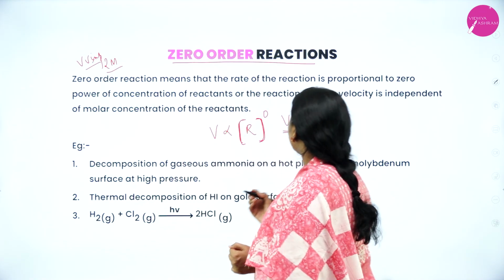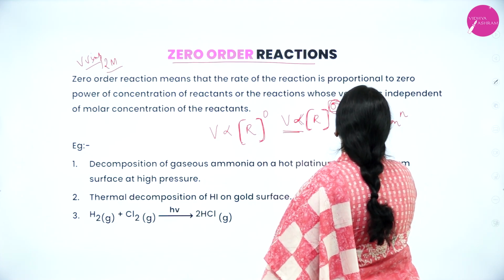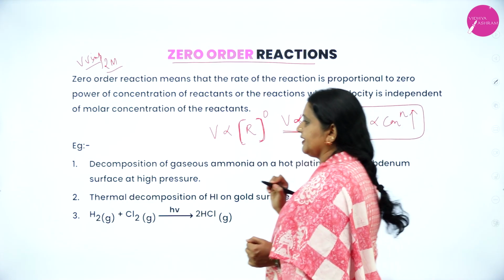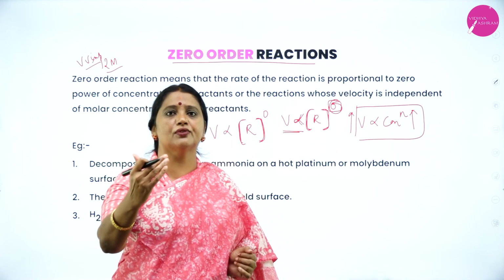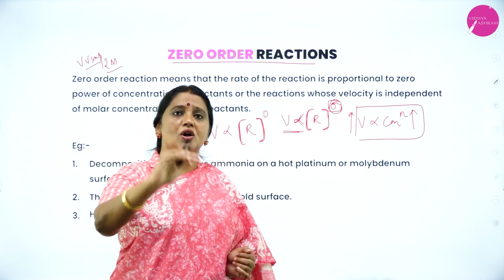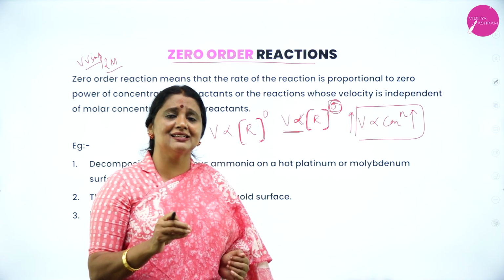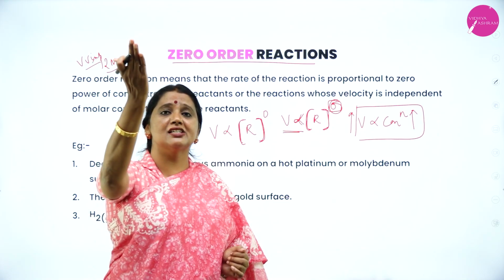And one more definition I can give for zero order reaction. As you know, the velocity of a chemical reaction is directly proportional to concentration. As concentration increases, the velocity also increases. For example, in the laboratory, if the reaction is not possible with dilute sulfuric acid, we'll switch over to what? Concentrated sulfuric acid. That means if the reaction is not possible in dilute condition, we'll increase its what?